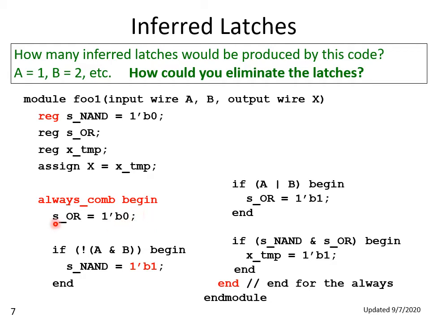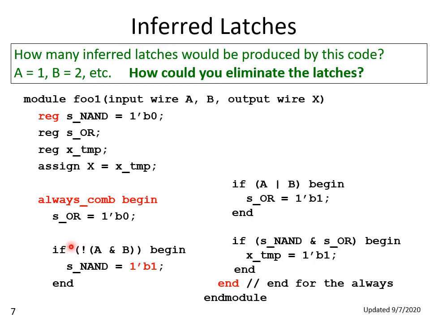If this was the only statement in this block, S OR would be hardwired to a logic 0, or to ground. However, as I go down in the code, I see that when A or B is true, then S OR takes the value of 1. So really, S OR is just the OR of A and B, and it's not going to have a latch.